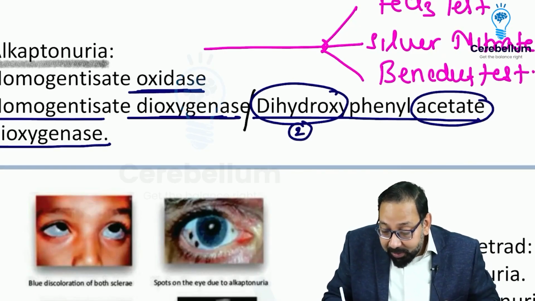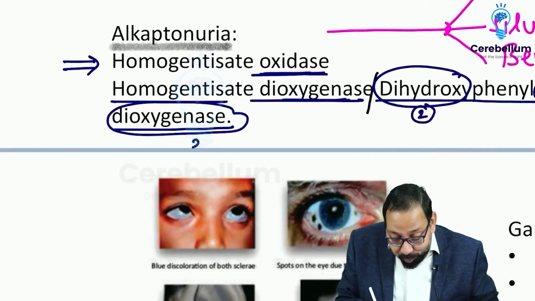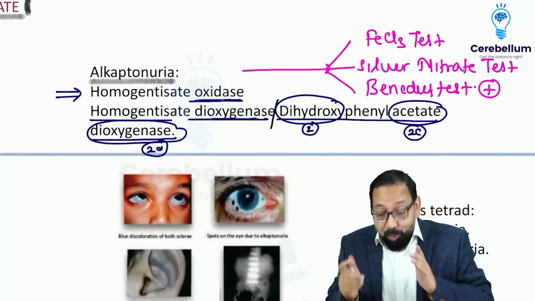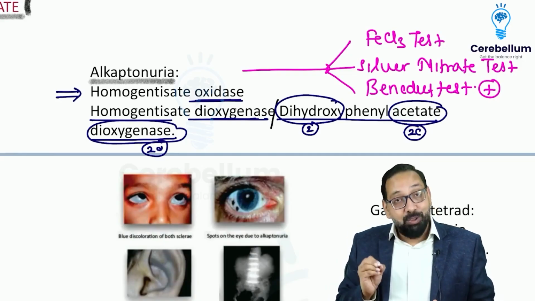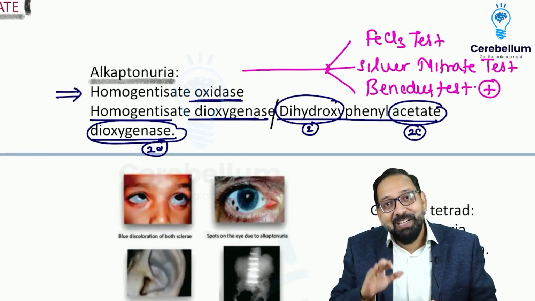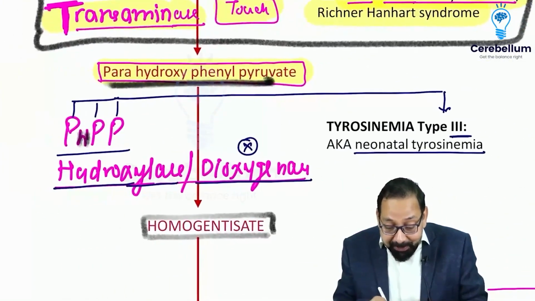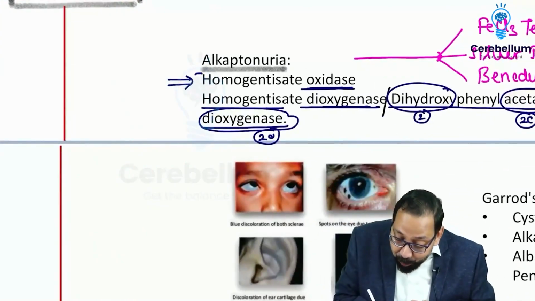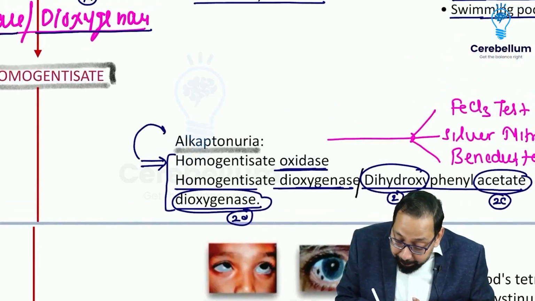Acetate, how many carbon atoms are there? Two carbon. Dioxygenase means two oxygen. So wherever you find two, dihydroxyphenyl acetate dioxygenase, that is homogentisate oxidase. Okay. And if you find PPP, 3 times P, tyrosinemia type 3. If this enzyme homogentisate oxidase is deficient, that leads to alkaptonuria.